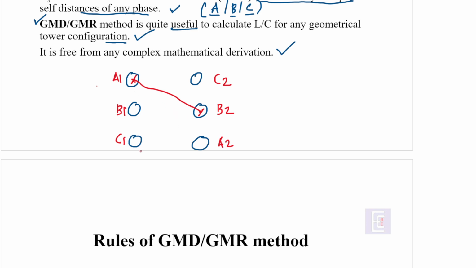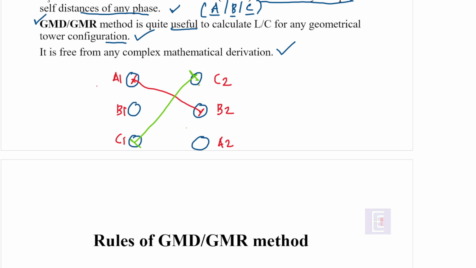Let us say this distance, from this C1 to C2. This distance is defined to be self distance because it involves the same phase, that is the C phase.